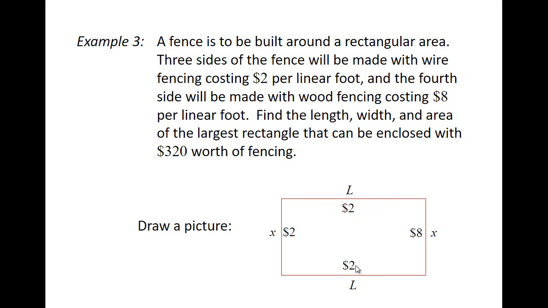Similarly, 2L is the cost of building this side. 2 times X would be the cost of building this side with wire fencing. And the cost of this side with wood fencing would be 8 times X. So the total cost would be when we add them. So we get 4L plus 2X plus 8X, which would be 4L plus 10X.